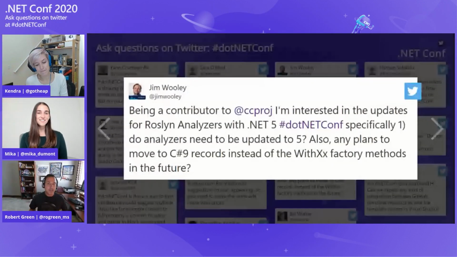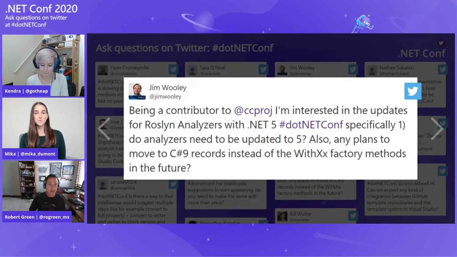Jim has questions about updating analyzers to .NET 5 and using C# 9 records. I think we know our default templates for Roslyn analyzers don't yet work with .NET 5. I actually think we were debating if they still required a .NET Framework dependency, and we had it on our list to check up on that. Did I follow up with Sam on that?